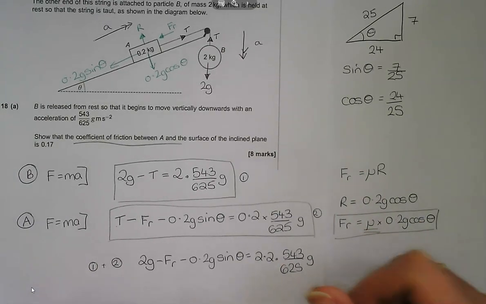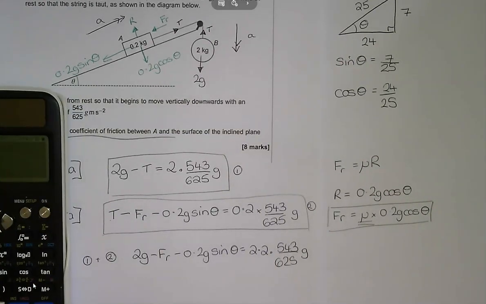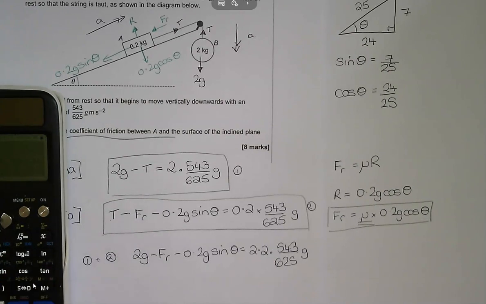So I think it's time to do some working out now. I've got 2g times this over here, so I'm going to take that away. No, first of all, I'm going to work that out. I'm going to stop taking shortcuts. Times 543 over 625, so 1.91136g.